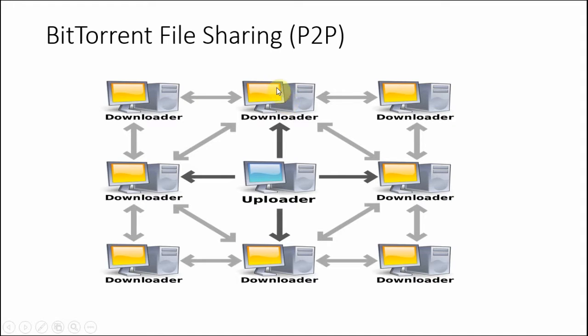While he is downloading, for example, at that point he has downloaded 10%. Okay, now this person will download some of the file from this 10% and the rest of the file from my computer, from the server I have uploaded over there.